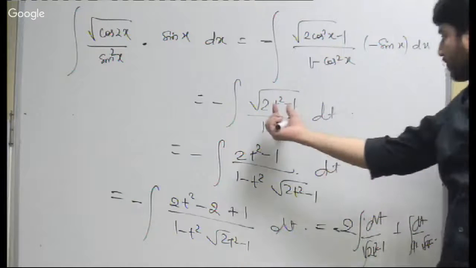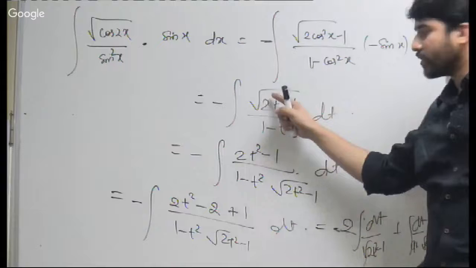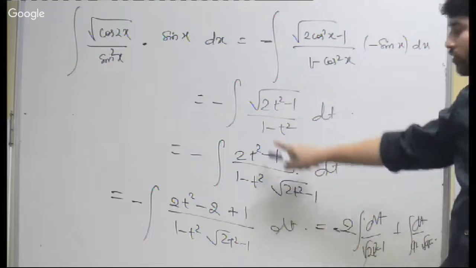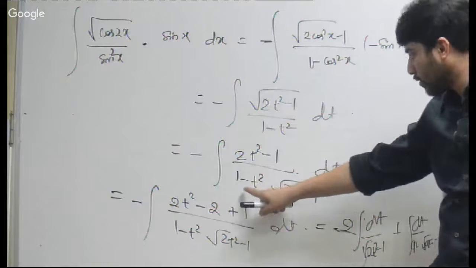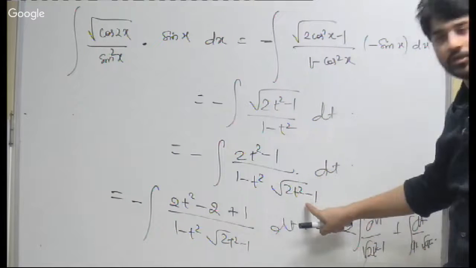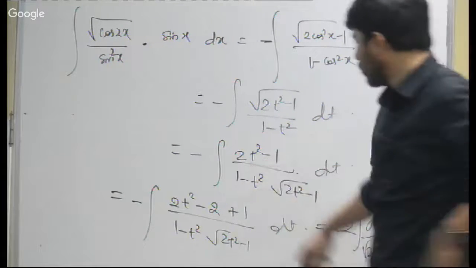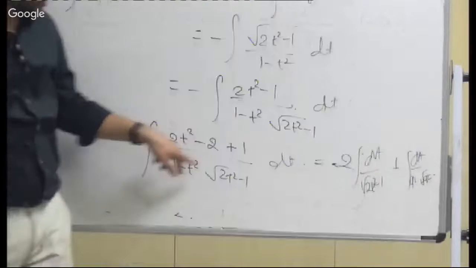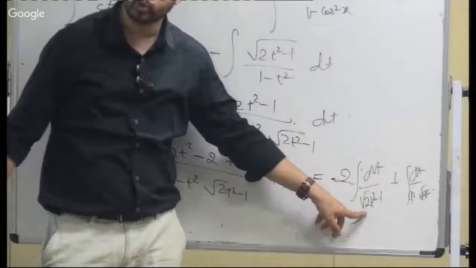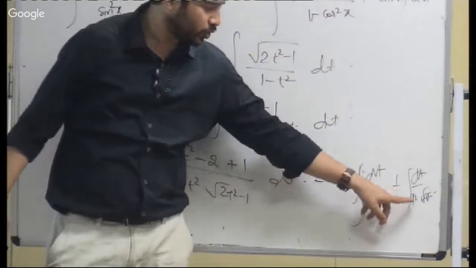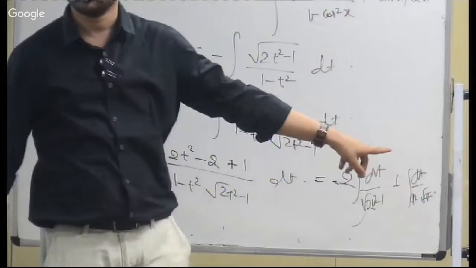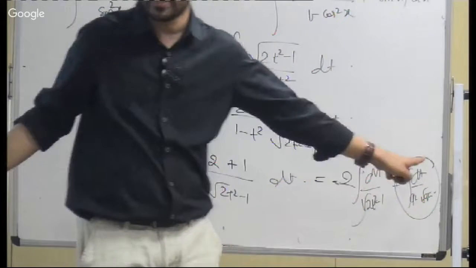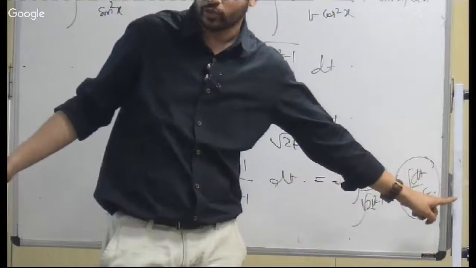Now I removed this part by multiplying it with this. So I got quadratic upon quadratic into this quadratic. And then I got rid of this quadratic this way. So I got something like 2 into dt upon root quadratic plus dt upon quadratic into under root quadratic. This type we are going to handle in the next sheet: how to handle dx upon quadratic into root quadratic.